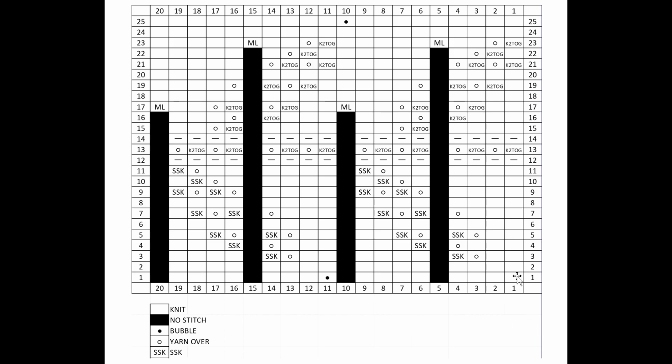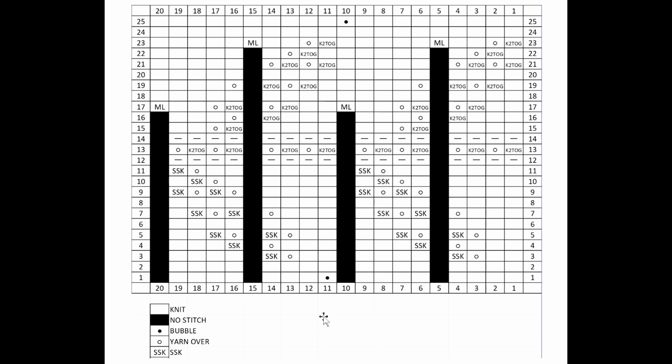Okay, so knit 4 and no stitch. So 1, 2, 3, 4. Knit 4 and you ignore this black no stitch. So 1, 2, 3, 4. Skip. Then 5, 6, 7, 8. Skip and 9.